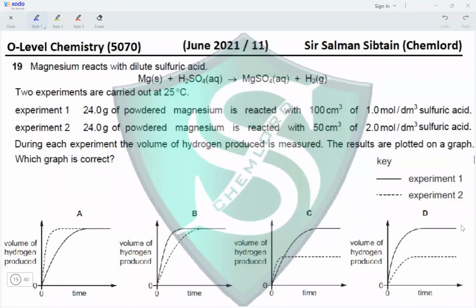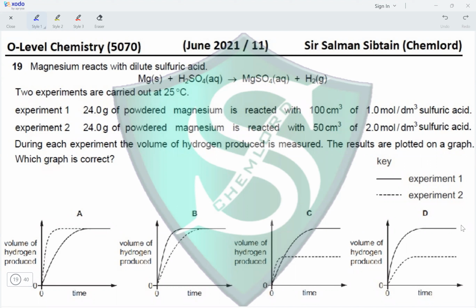Question 19. Magnesium reacts with dilute sulfuric acid. Two experiments are carried out at 25 degrees Celsius. Okay, temperature is constant here. Experiment 1 uses 24 grams of powdered magnesium reacted with 100 cm cube of 1 mole per dm cube sulfuric acid. And in experiment 2, 24 grams, which is the same, of powdered magnesium is reacted with 50 cm cube of 2 mole per dm cube sulfuric acid.